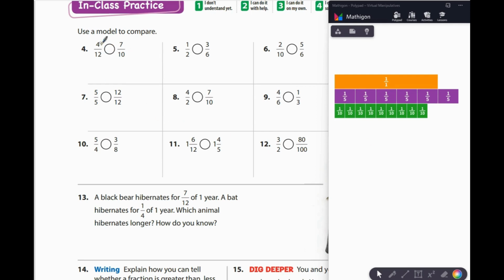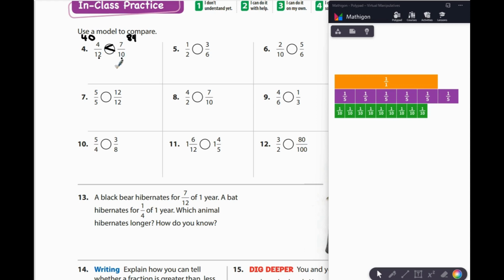Again, we can use cross multiplication. 10 times 4 is 40, and 12 times 7 is 84. 7/10 is going to be greater than 4/12. Okay? Same thing. I can use my pictures to determine, or I can just look at my denominator.